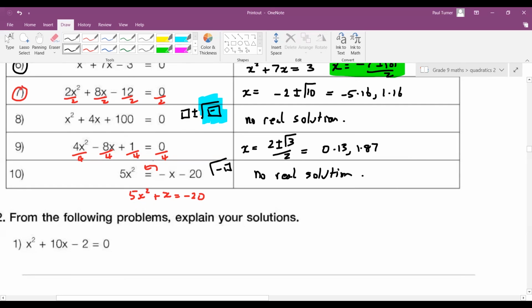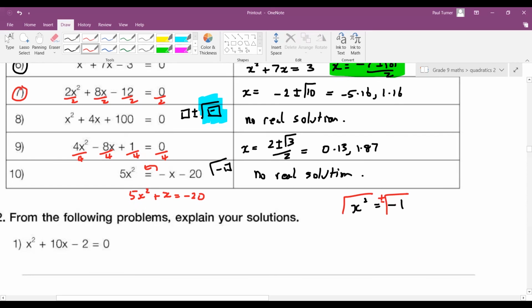And when we start talking about graphs, you'll see why, with the graph, there's no solution for those as well. It's like saying x squared equals -1. Remember, you can't square a number and get a negative number. And this would be solved by going root, like before, plus or minus.